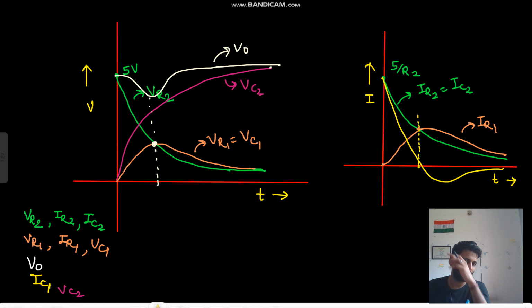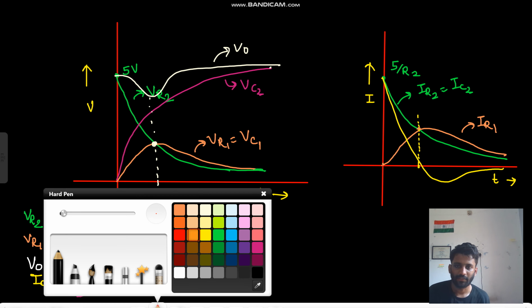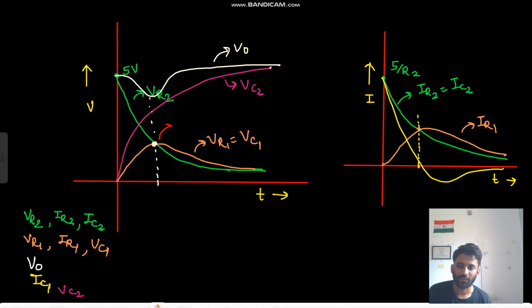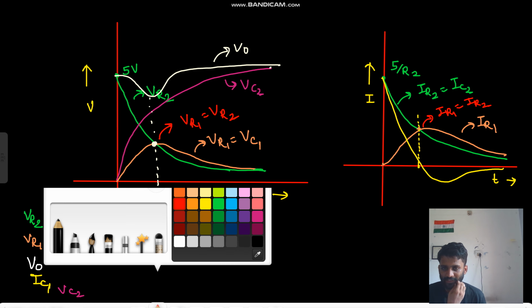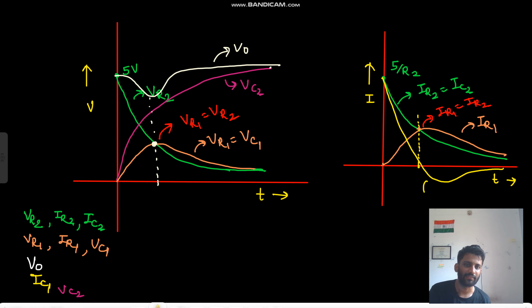When both were equal, at that time VR1 was equal to VR2. So when IR1 was equal to IR2, the current IC1 was 0. After that it starts flowing in the negative direction, then goes to 0. So this is what is happening.